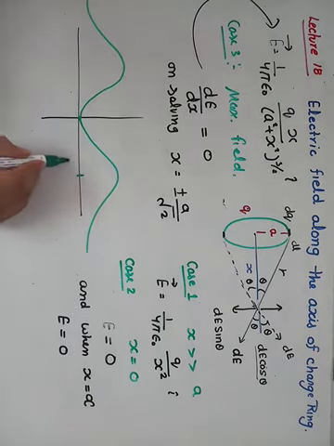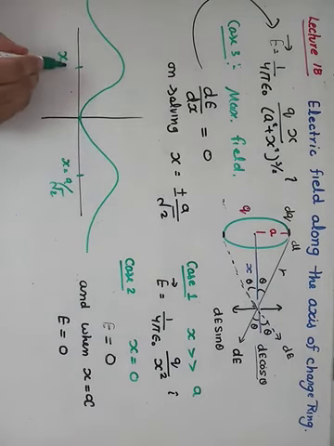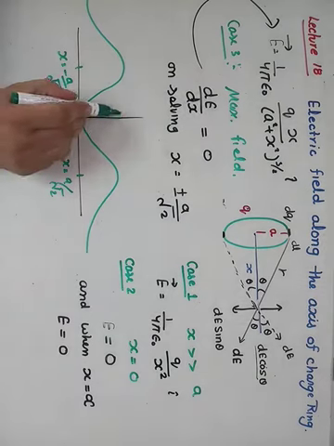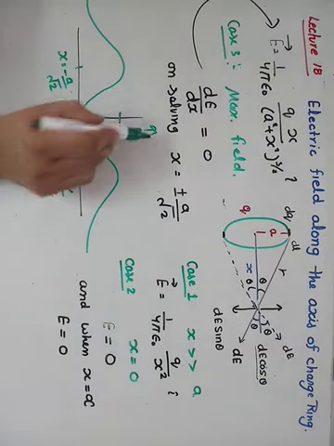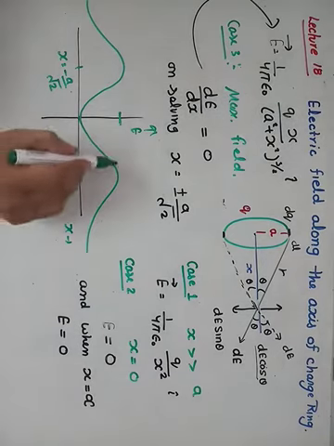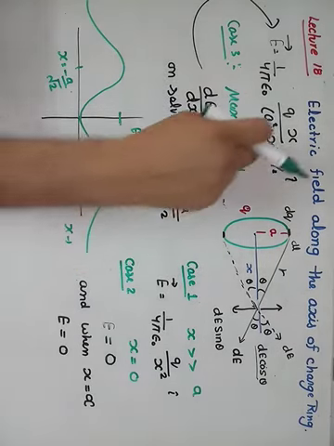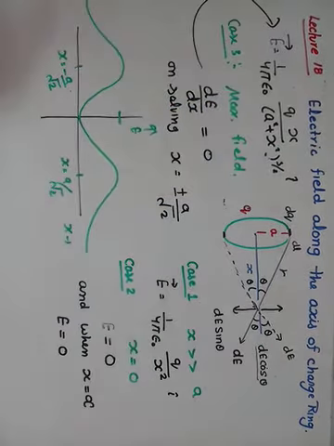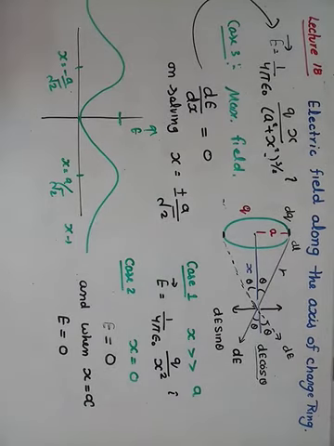This distance is x equals to a by root 2, and this distance is x equals to minus a by root 2. This is the graph between E and distance. At this point, E is the maximum value. If we put x equals to a by root 2 here, we get the maximum value of the electric field. This is an important case, case 3.